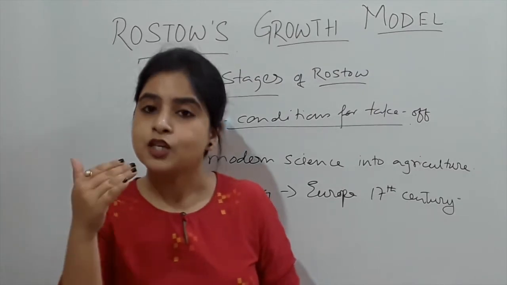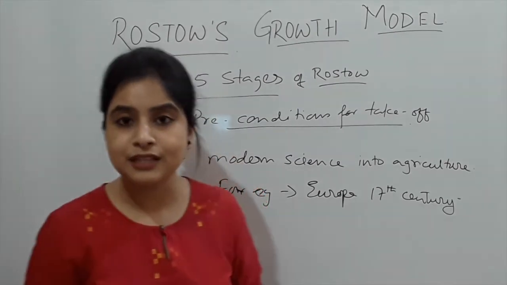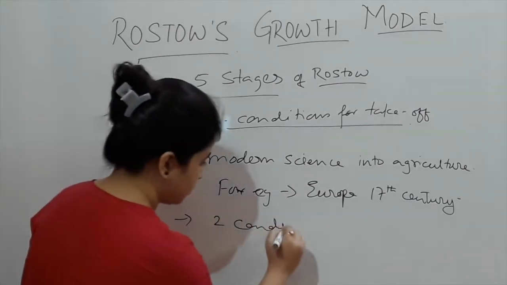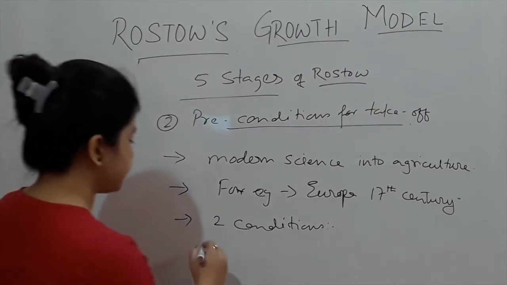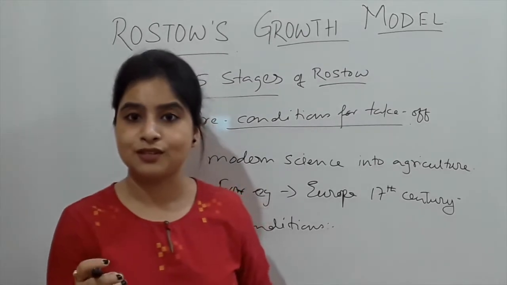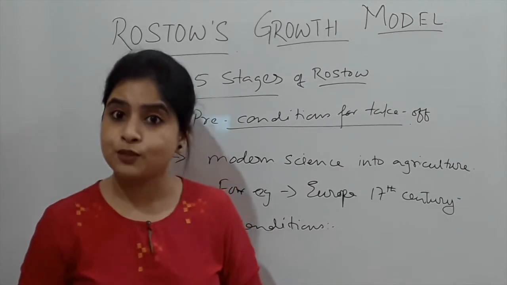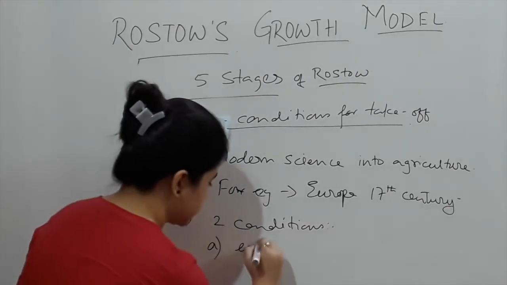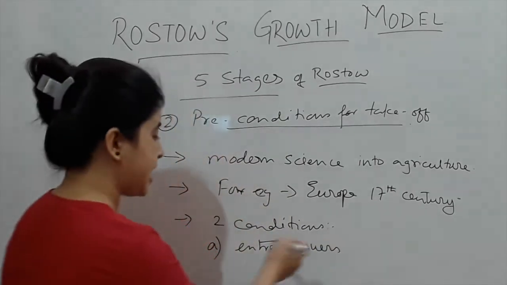Next, in order to arrive at this stage of economic growth, two conditions have to be present as a prerequisite. The first one is the presence of entrepreneurs. Entrepreneurs must be present.